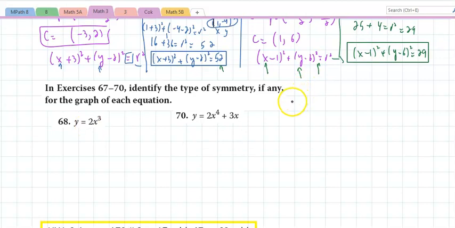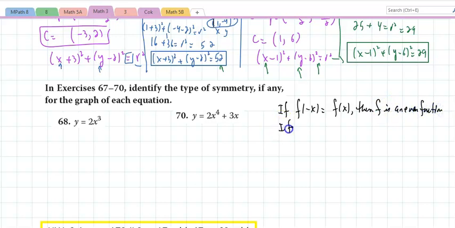So if f of negative x equals f of x, then f is an even function. If f of negative x is negative f of x, then f is an odd function.